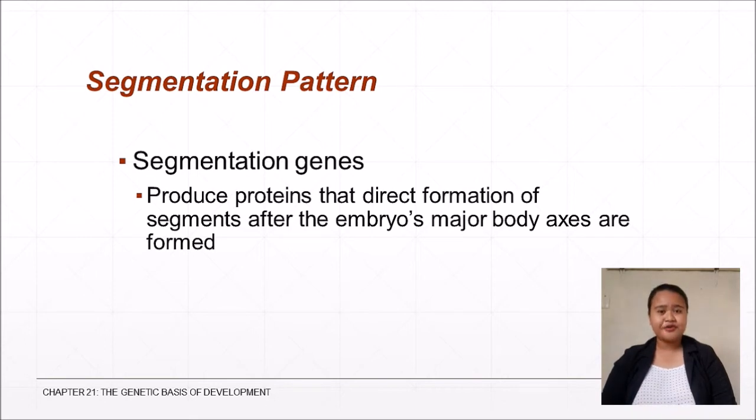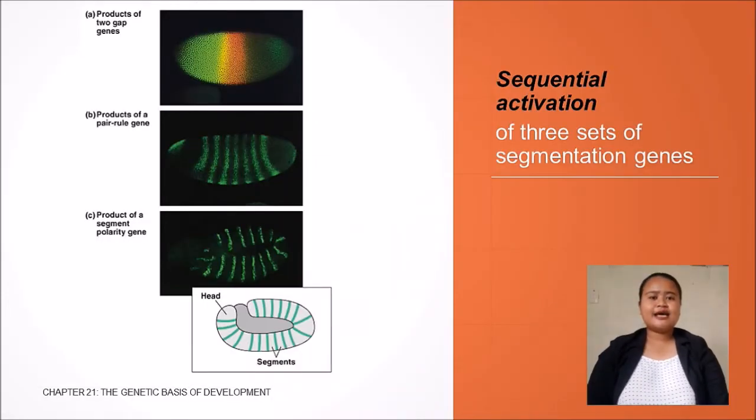Segmentation pattern, on the other hand, is made possible as the production of protein in the segmentation gene initiates. So after the four major axes are formed, the segmentation gene will then be activated. A sequential activation of three sets of segmentation genes provides the positional information for the increasingly fine details of the animal's modular body plan.